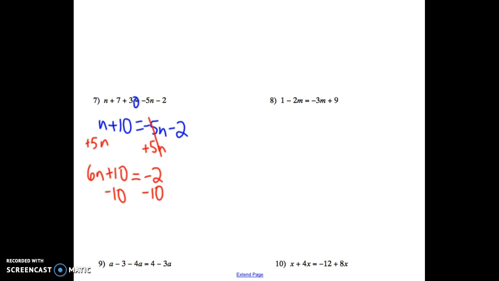So negative 2 minus 10, and that goes away over here, so I'm left with 6n equals a negative 12. And then 6n is 6 and n multiplying each other, so I need to divide by 6 because the opposite of multiplication is division. So finally I'm left with n equals negative 2.